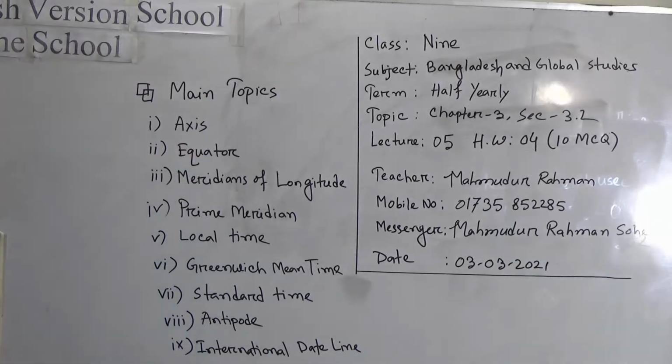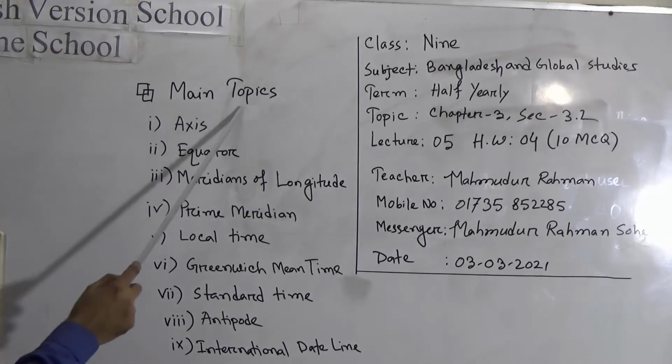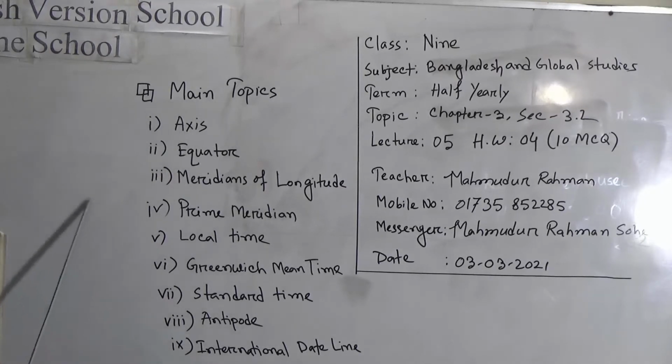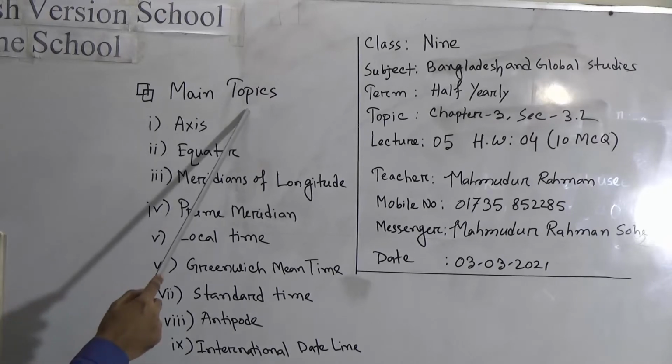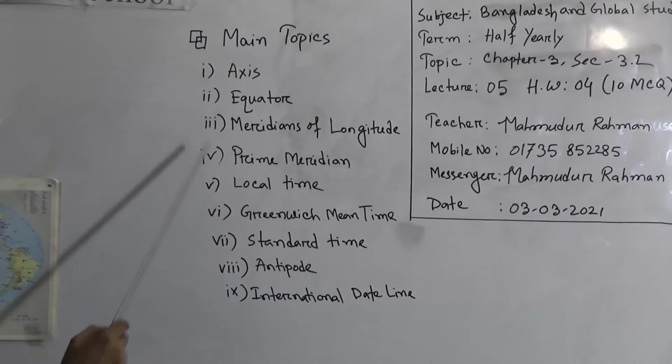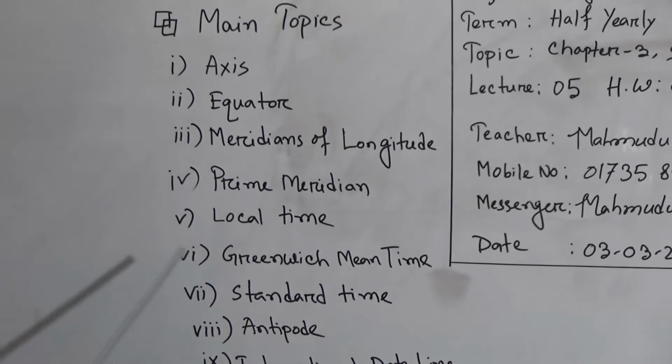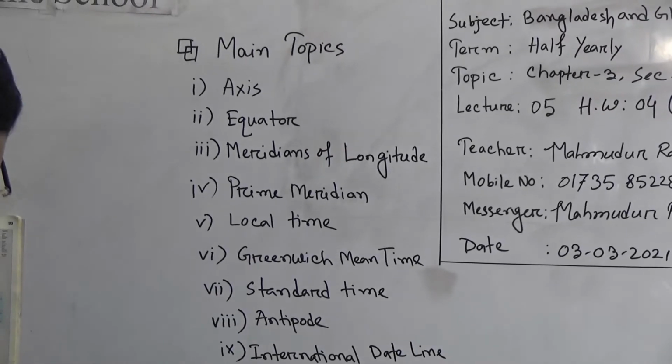So dear students, at first we will see the main topics of today's discussion. Today we will discuss a very important topic. The title of this topic is the method of calculating time at different regions of the world.